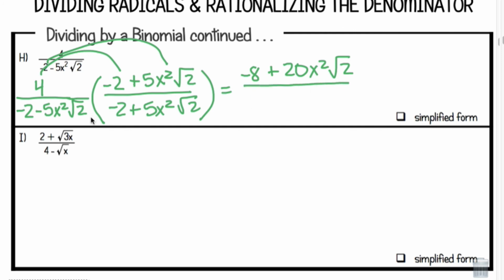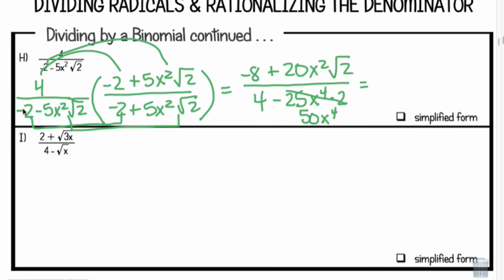Again, I'm multiplying by the conjugate, so I'm just doing my first. Negative 2 times 2 is 4. And my last, minus 25x to the 4th times 2. So before I write my final answer, I'm going to write this as 50x to the 4th.